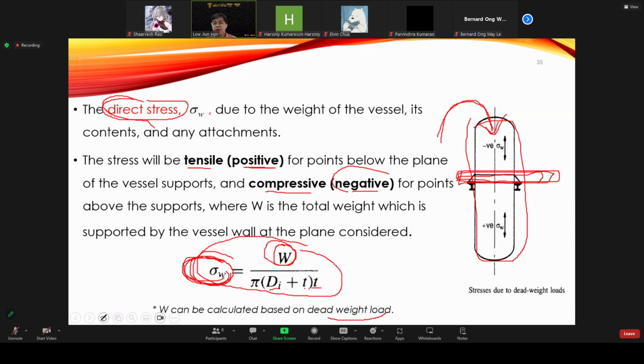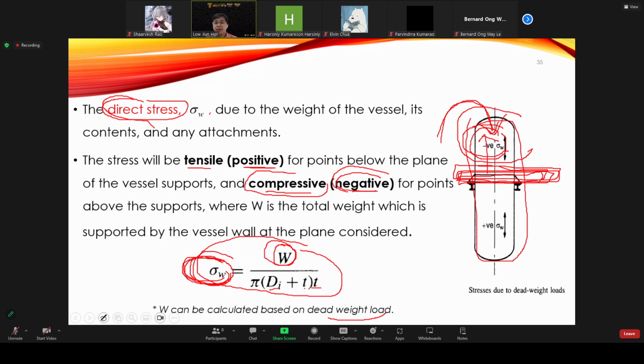If, let's say, the pressure vessel is supported by using the support here, normally the part above the support is considered as negative. Why? Because the direct stress that can be found above the support here is normally considered as our compressive stress.